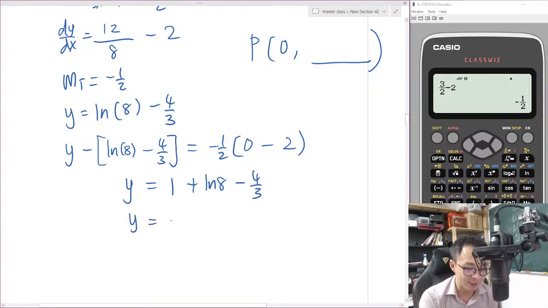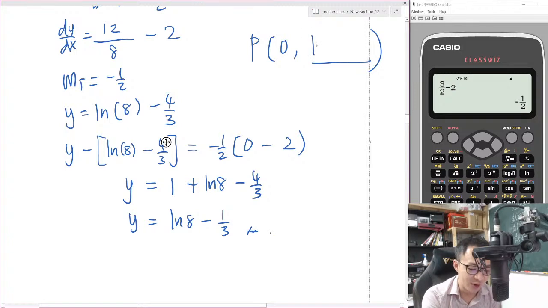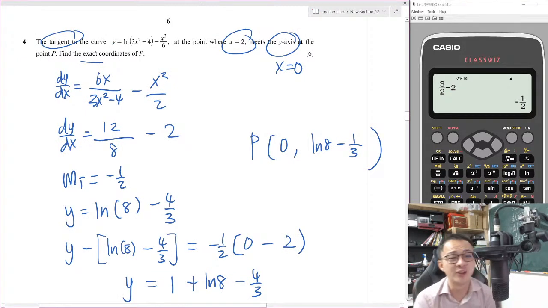So y equals ln 8 minus 1 over 3. I believe this will be my final answer, the y coordinate. Because they asked for the exact coordinate, I cannot join them together.